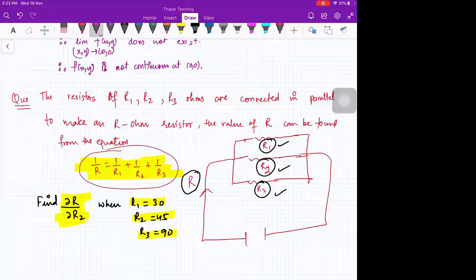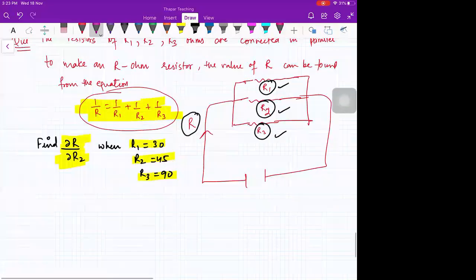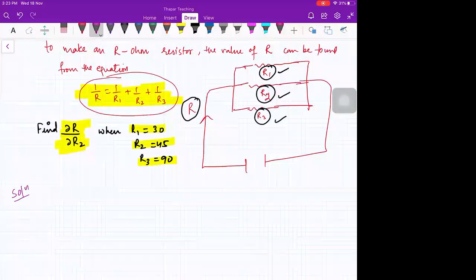Can you tell me the answer? Simple question. Simply differentiate with respect to R2 partially. When you differentiate partially, you treat R1 and R3 as constants. So what will happen when you differentiate it?